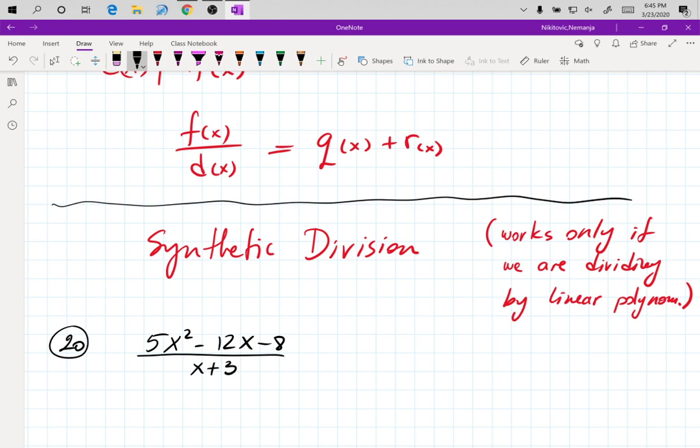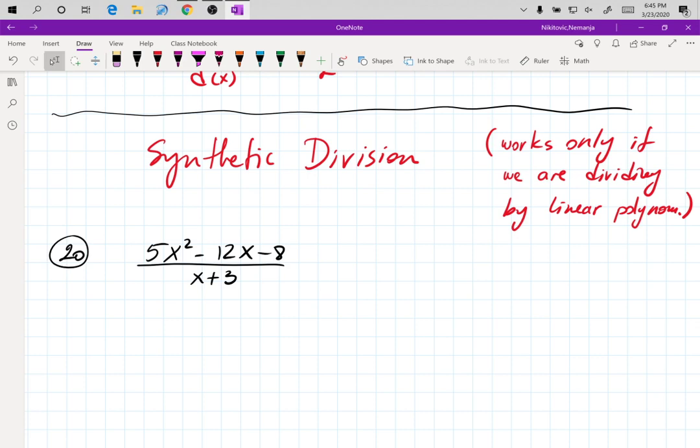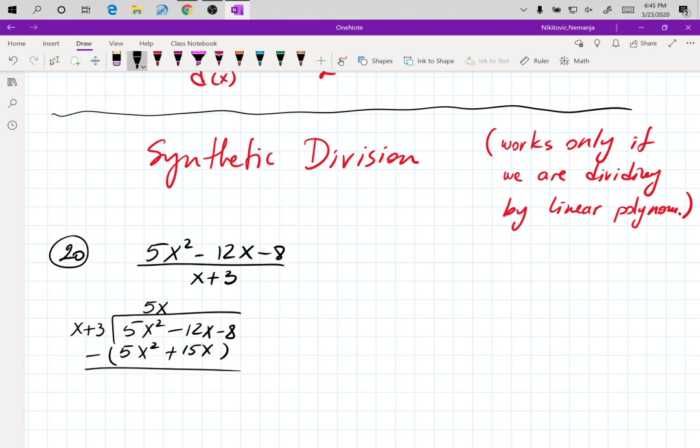And the way we do it with the long division, one more time, is x plus 3 into 5x squared minus 12x minus 8. X goes into 5x squared 5x times. That's 5x squared plus 15x. When we subtract, the first ones cancel.